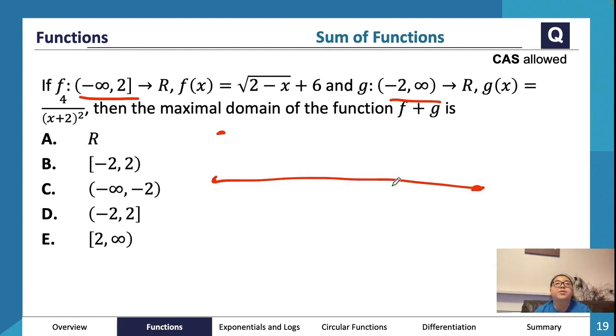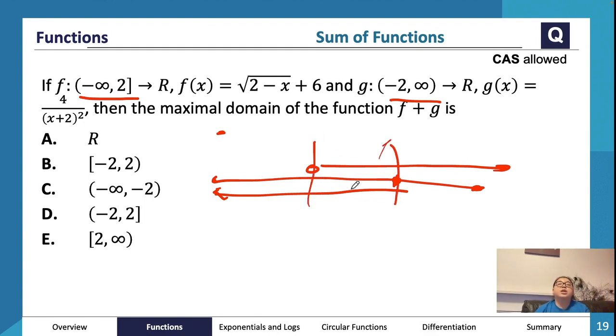We want something from 2 backwards, or we want something from negative 2 onwards. We can see where the sweet spot is in terms of which section we want. That section includes all 3 lines, so we're pretty happy with that, and that gives us our overall maximal domain.